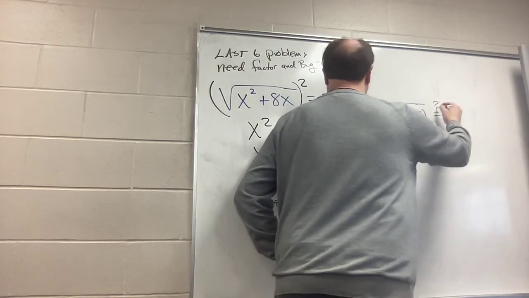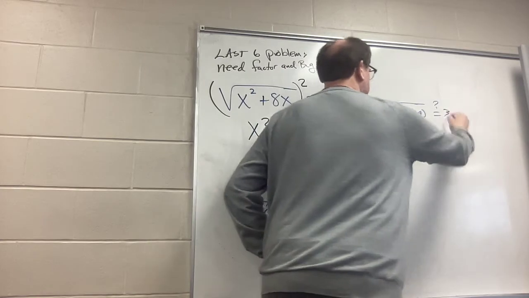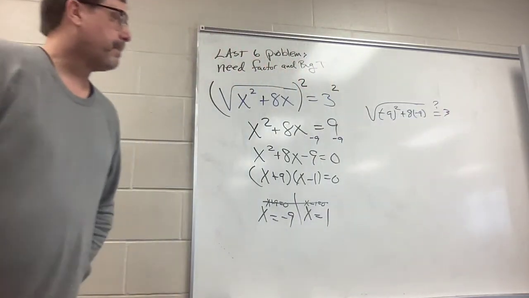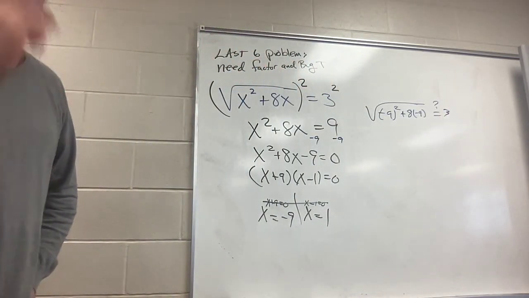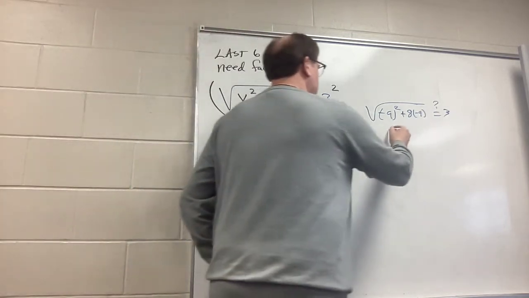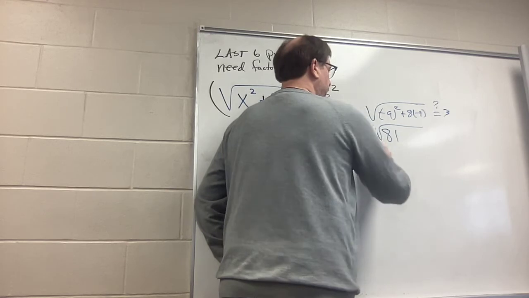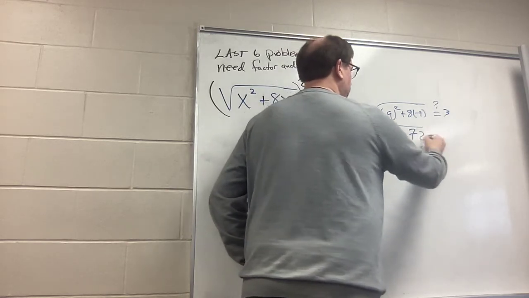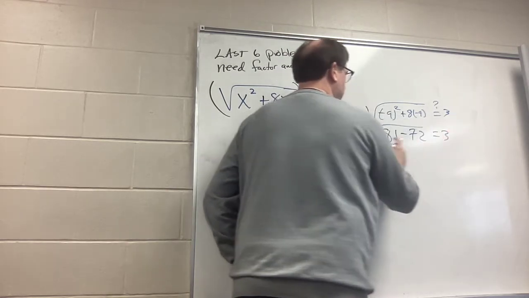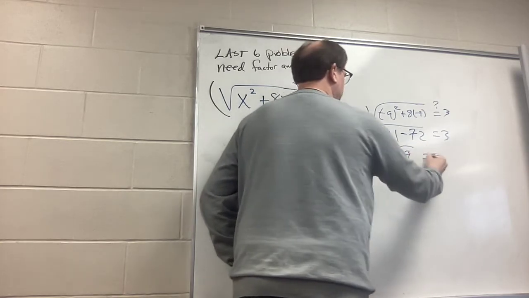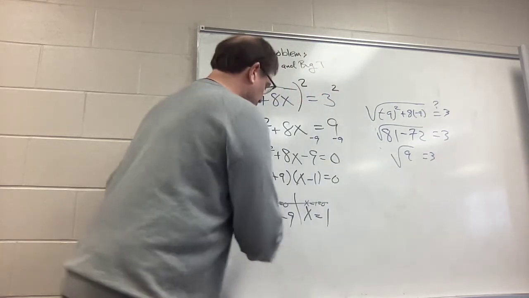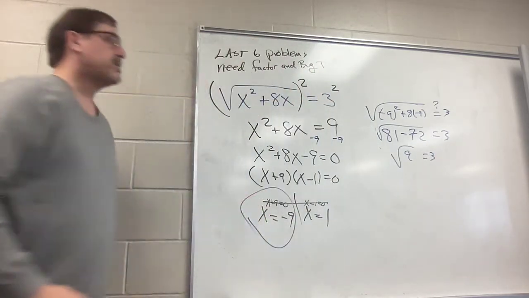And I'm going, does it equal 3? -9 squared, remember if you're doing your calculator, it has to be in parentheses. 81 minus 72 equals 3. The square root of 9 equals 3. Guess what? -9 works.